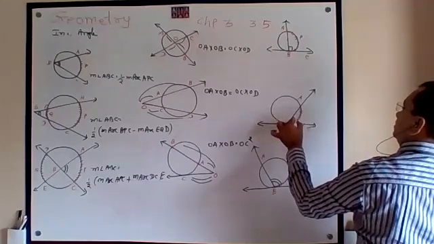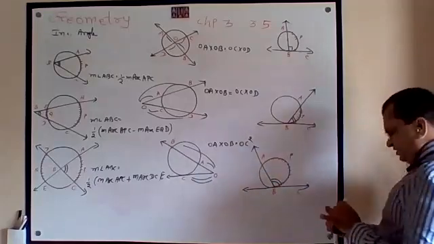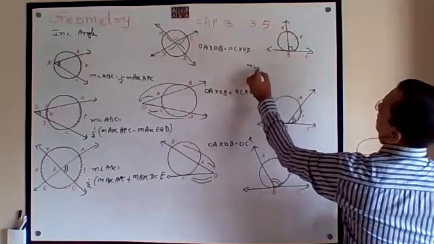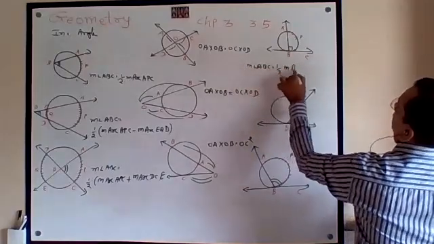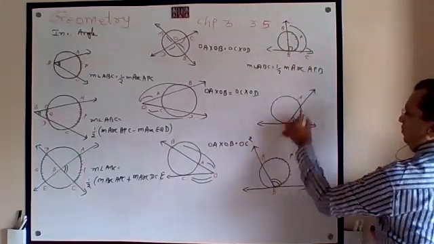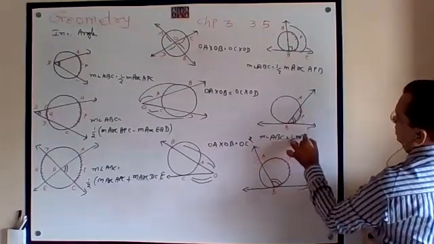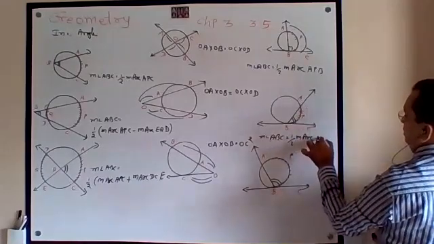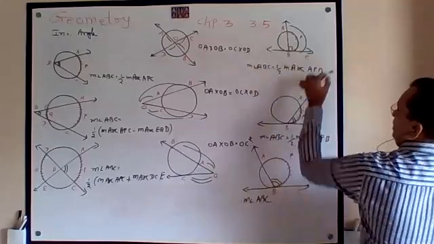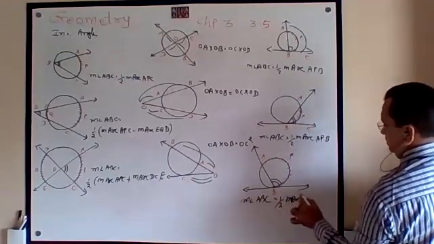Whether it is a right angle, acute angle or obtuse angle, you have to write measure of angle ABC is half of the measure of the arc APC. Half of this arc is this angle. Again measure of angle ABC, half of arc APB, and for the obtuse angle also, half of major arc APB.